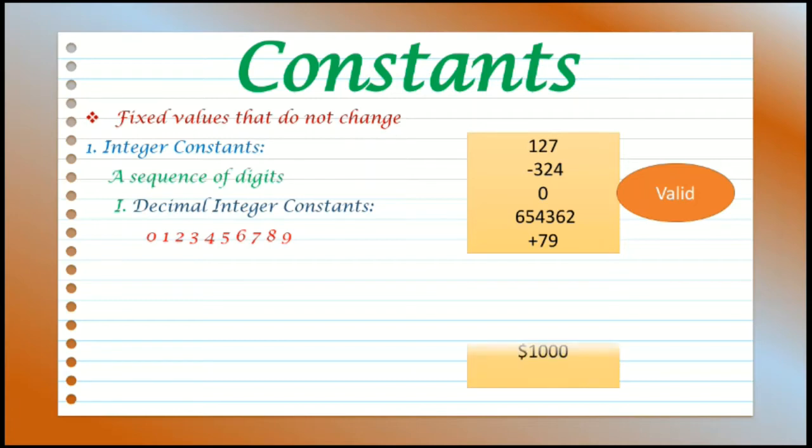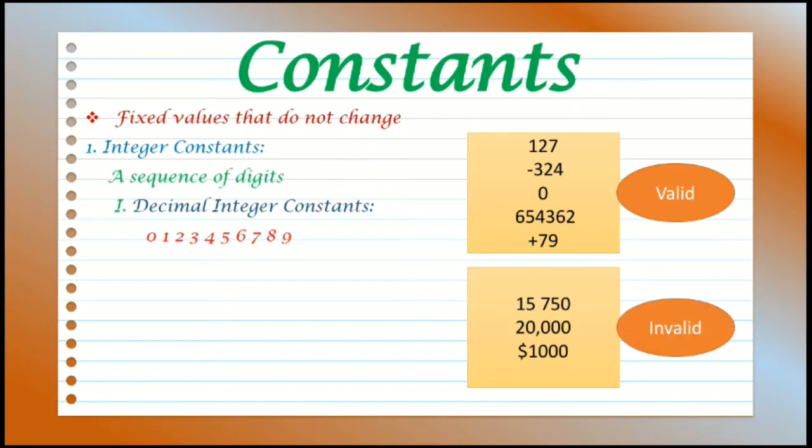For example, 15 750, 20,000, $1000 are invalid numbers.